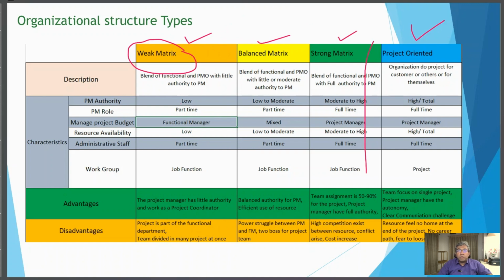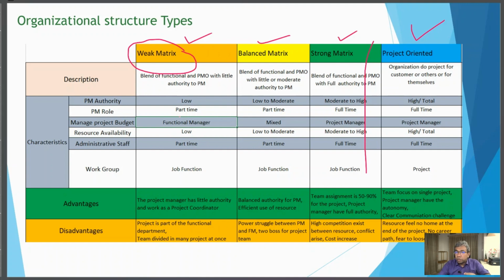Then there is the balanced matrix. Normally, in multinational organizations, the balanced matrix is very common. That means the functional manager also has authority, and your project manager also has authority. What is the advantage? The advantage is that there is a power balance between your project manager and functional manager. That means the functional manager cannot make a wrong decision about you.